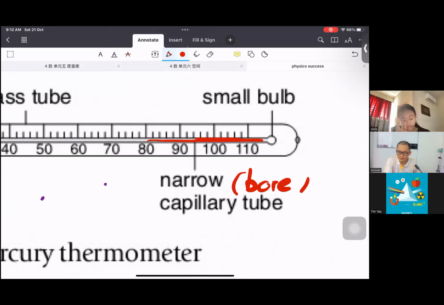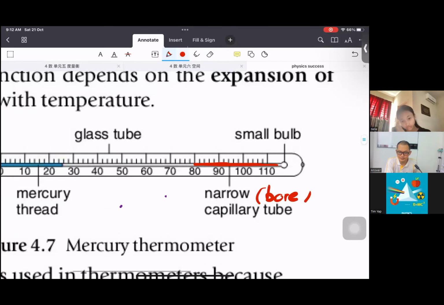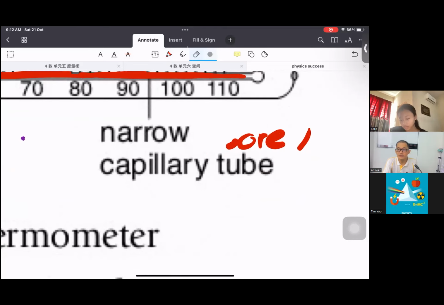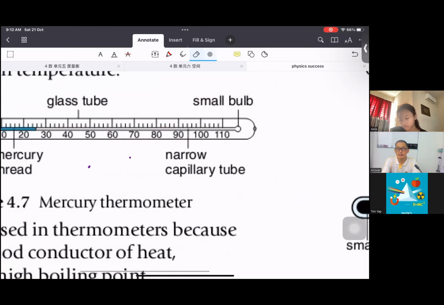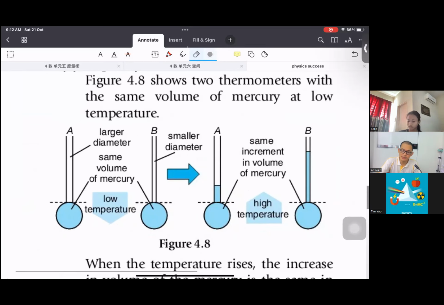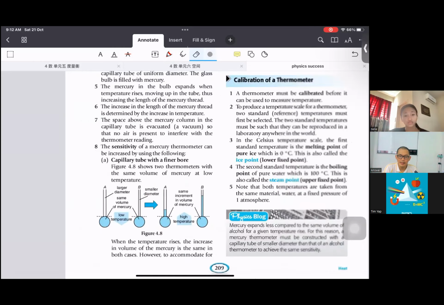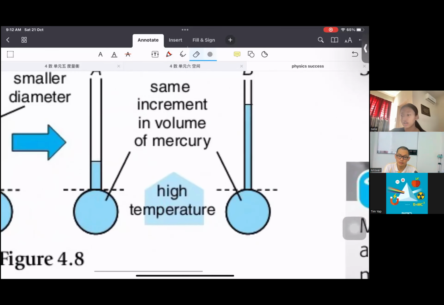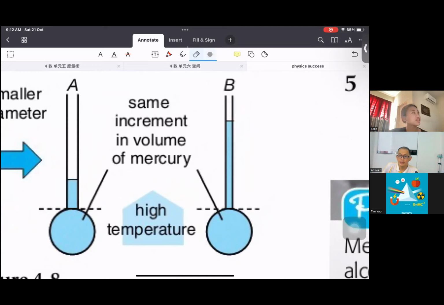This tube must be fine enough. So when it is fine enough, with a little bit of rise in the mercury, you can see a very big difference in the increase of the height. This is called a finer capillary. I try to compare these two, A and B.